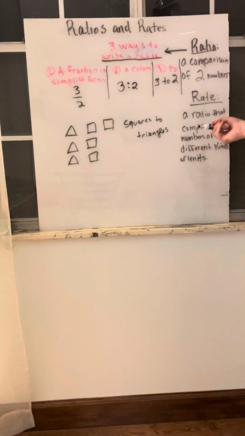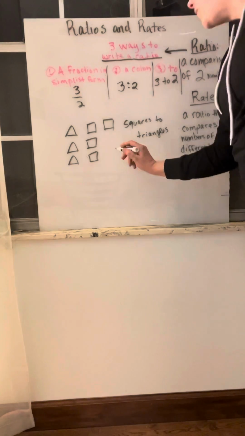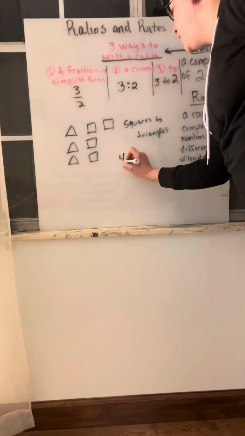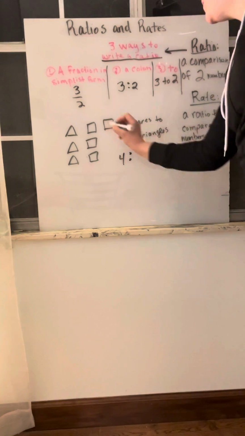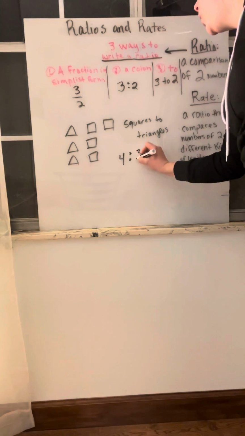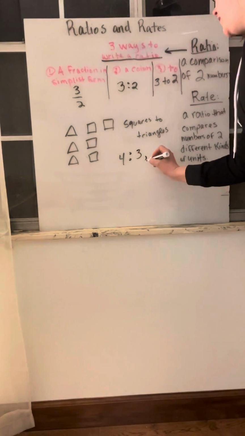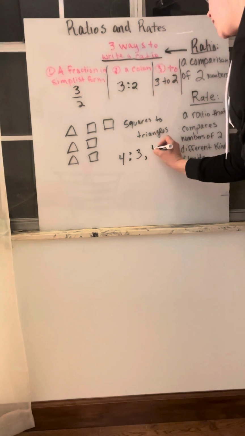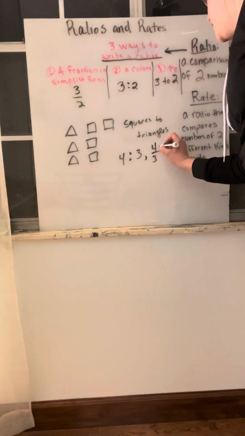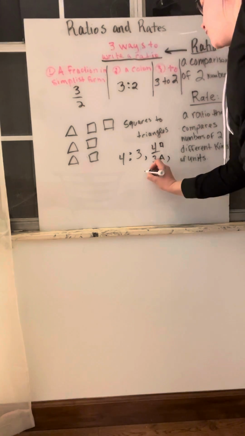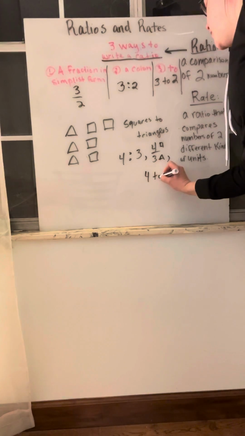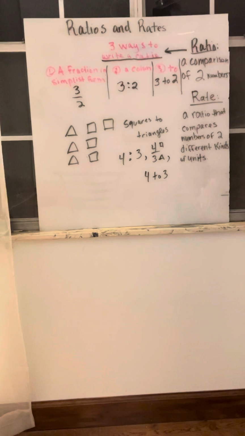Well, I would count how many squares I have, 1, 2, 3, 4, and I'll write 4, colon, the number of triangles, 1, 2, 3. Or, as a fraction, it would be 4 over 3, 4 squares for 3 triangles, or 4 to 3. Okay?